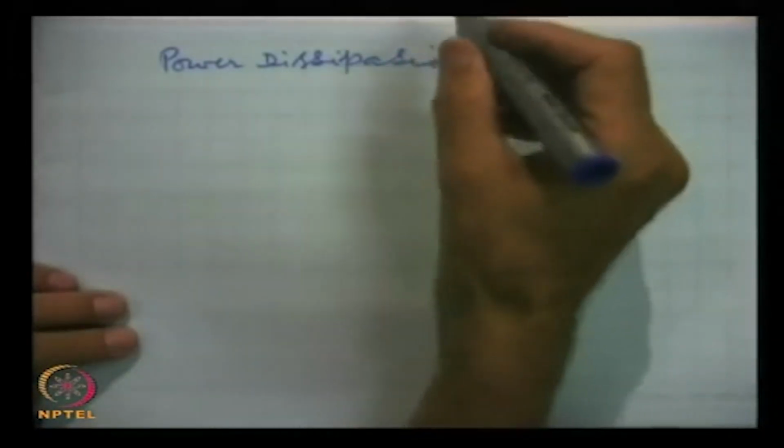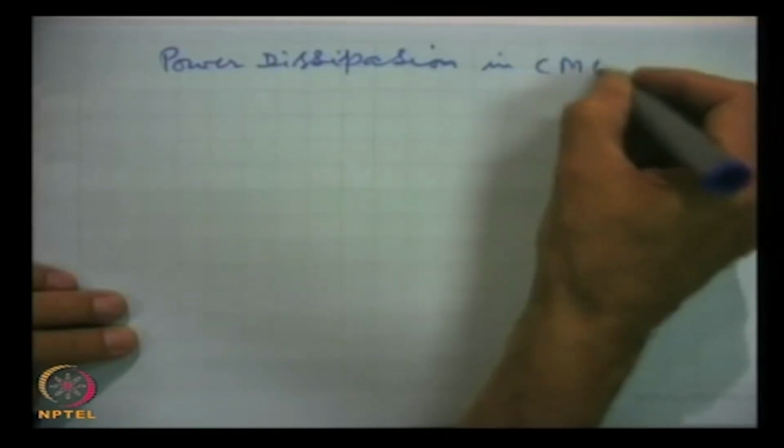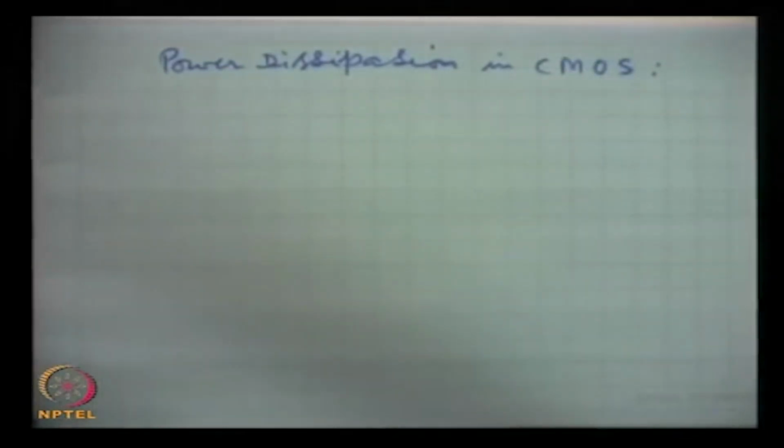Power dissipation in CMOS, and why power consumed is equal to power dissipated, because in equilibrium whatever power the transistor is dissipating, that is the heat which is being generated by power consumed. If, for example, heat dissipation is less, then temperature will go on increasing and finally there will be a thermal runaway and the device will burn.